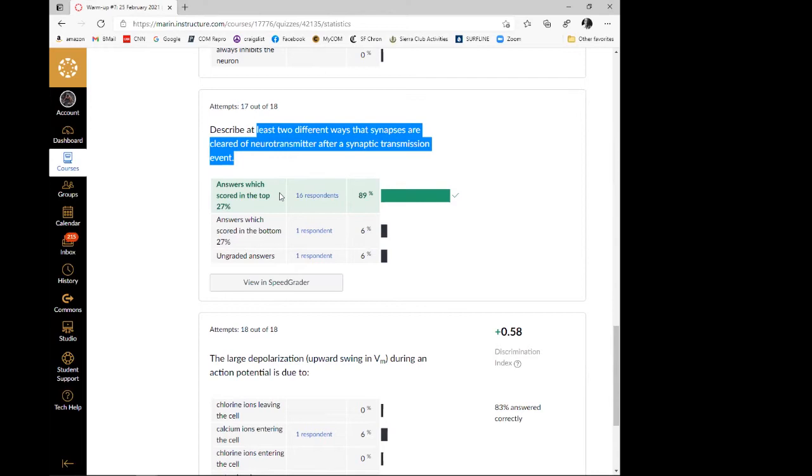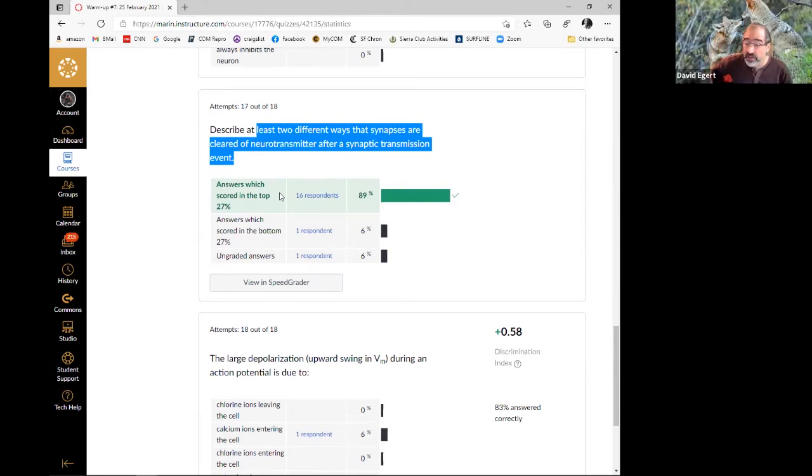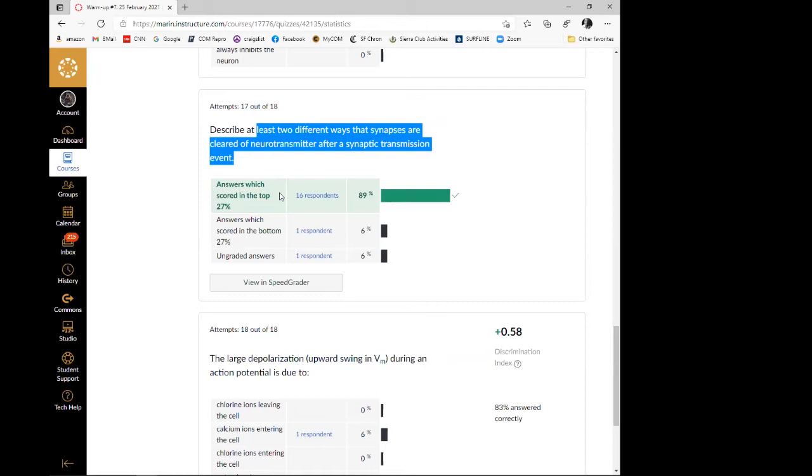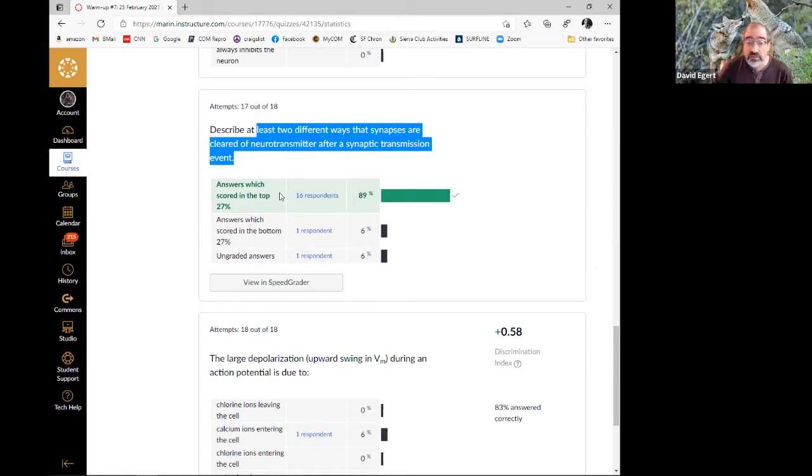Reuptake, kind of getting vacuumed back up into the presynaptic terminal to get reused or recycled. And then just diffusion out of the synapse. Again, it's important that we clear the synapse so the message turns off.